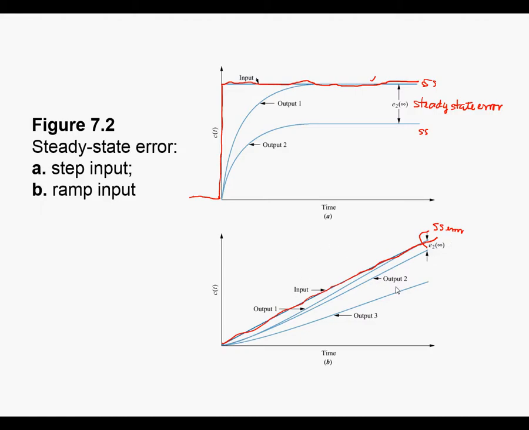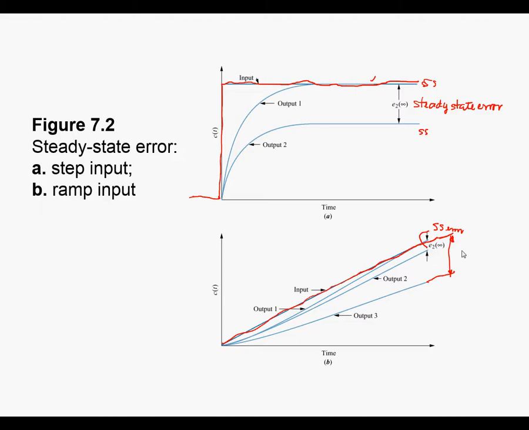If we have here the output 3, the steady state error now would be measured. How would we measure it? We would have to measure it like this, right? For this output.